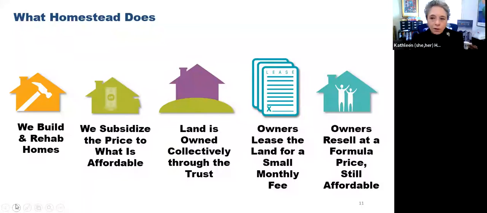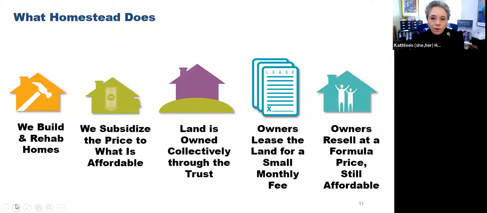And usually we are not subsidizing all the way from market rate down to what's affordable. We're trying to acquire homes either through new construction or donated homes and that type of thing. So we're usually subsidizing about $260,000 per home to get the homes down to the right price.